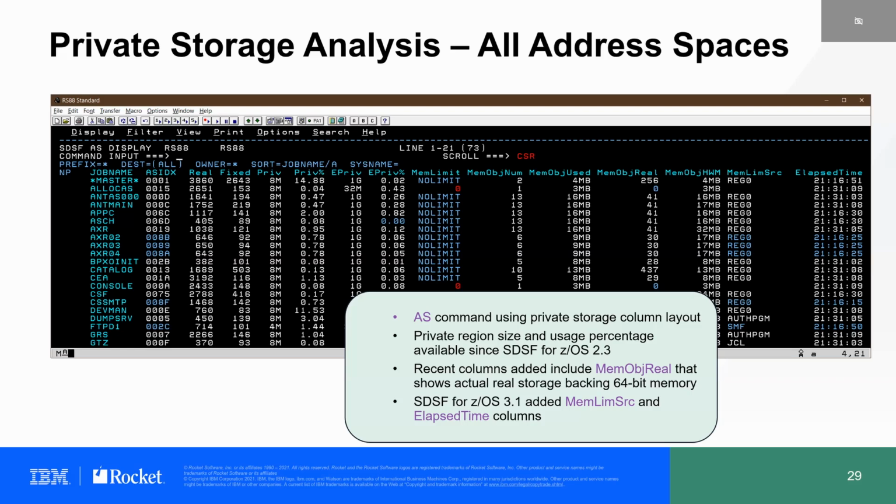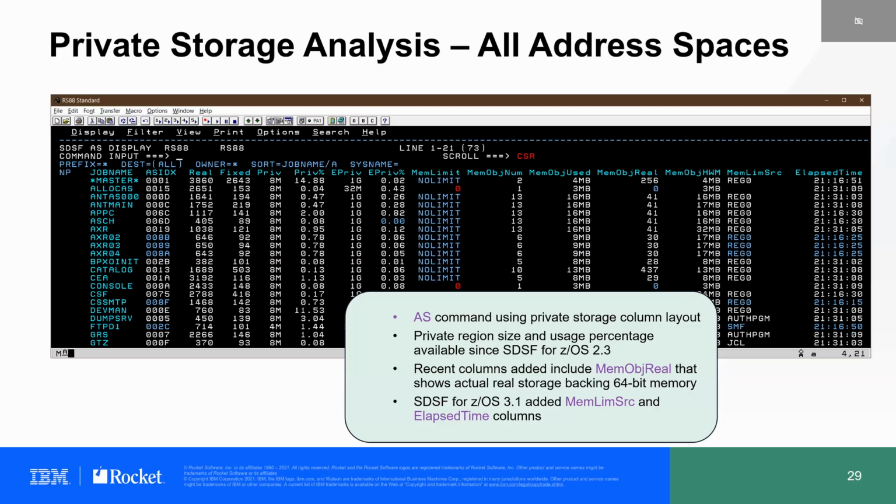So even on the AS screen here, you can immediately see the usage of private storage at summary level for the various jobs running in the system. We also have a new column called MEMOBJ REAL, which shows the actual real storage backing the memory objects for that address space. Because sometimes you have address spaces that are heroically defined within the program.